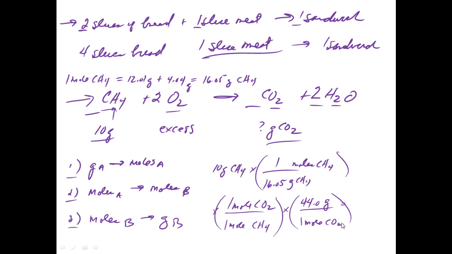That's the mass of 1 mole of carbon dioxide, and hit equals, and we get 27.4 grams of carbon dioxide. Or you could do this, if we only have one significant figure in this number, this would round up to 30 grams of carbon dioxide.